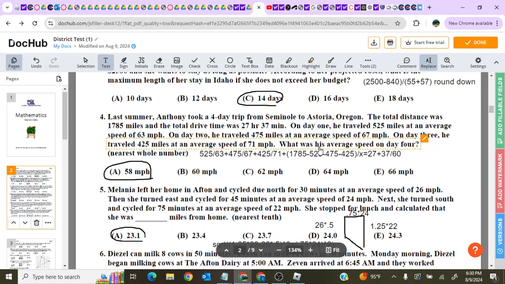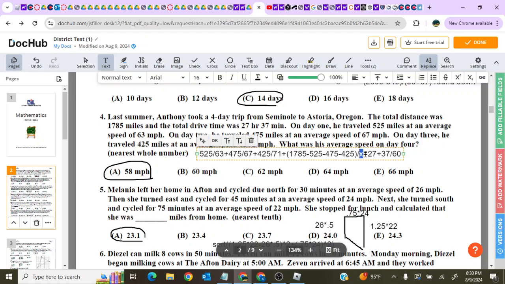So time is equivalent to distance over speed. So basically, we're looking for what speed will result in a time of 27 hours and 37 minutes when all the times are combined. So 525 miles at 63 miles per hour, 475 miles at 67 miles per hour. This continues.